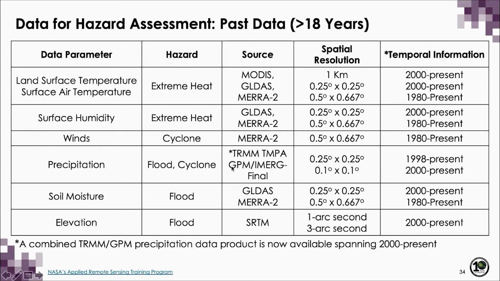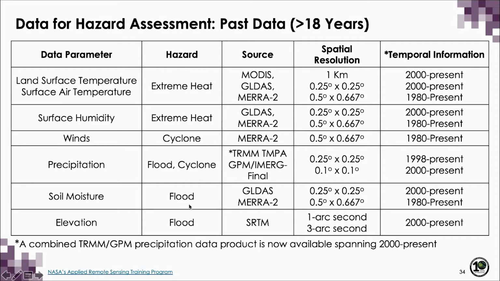And GPM was launched in February 2014, and so those data are available, but now a recently combined TRMM-GPM product is available, also known as IMERG, and that is spanning 2000 to present at 1/10 of a degree, half-hourly resolution. So that data can be used for flood and cyclone hazard assessment.